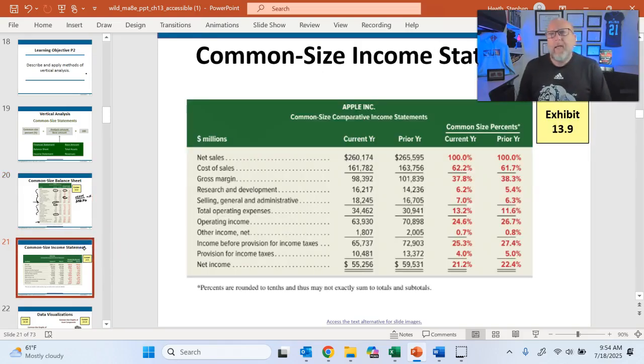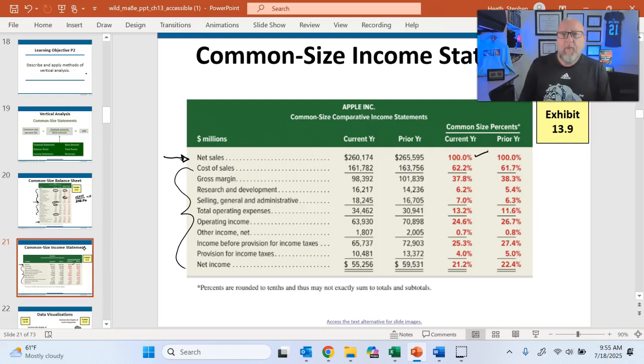Okay, we can also do the same thing for the income statement. And usually it's the case that net sales is always the base. And so we would present everything else, including net sales actually, as a percentage of net sales. So net sales as a percentage of net sales is obviously 100%.